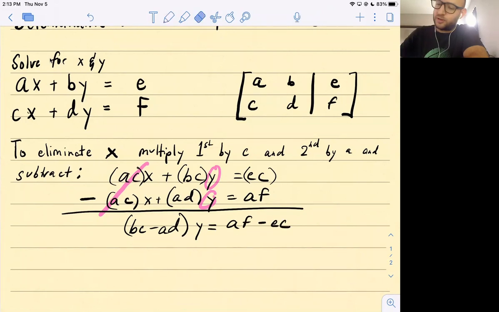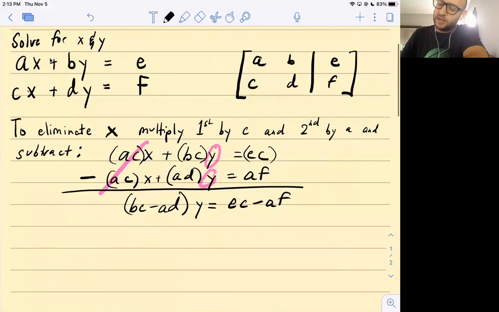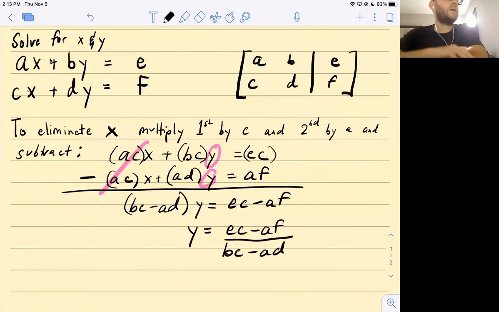Oh, sorry, the other way, of course. Then dividing, you get this nice formula, which on the face of it doesn't look too bad: Y equals EC minus AF all over BC minus AD. Okay.